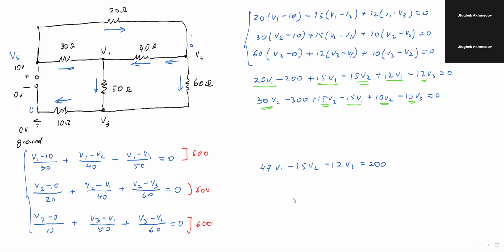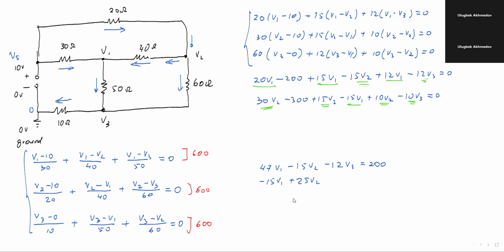So that becomes negative 15V1. Then V2: 30 plus 10 minus 15 will be 25V2.